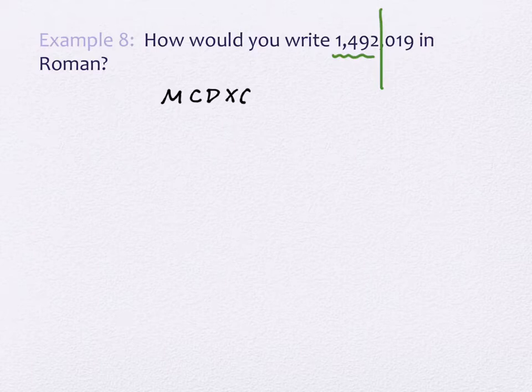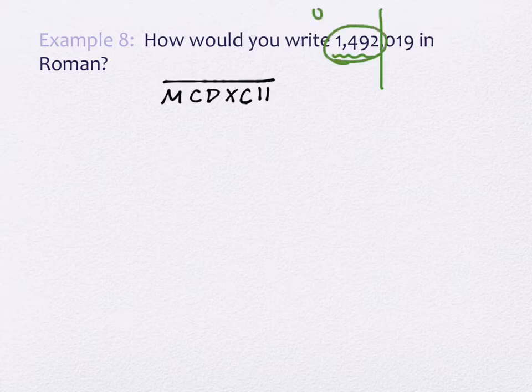XC, right? I have 100 minus the 10, so the 10's in front of the 100. And then how do I get the 2? 2 I's. And all of that is in the thousands place because it's 1,492,000, right? That's the comma that I broke it apart in right here. All of this is going to have 1 bar on top of it.